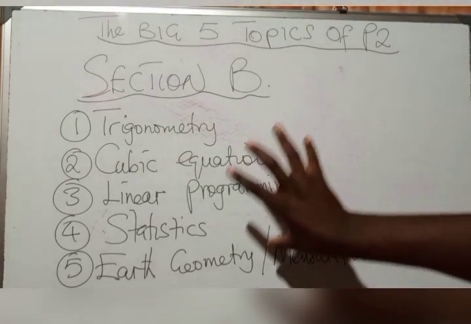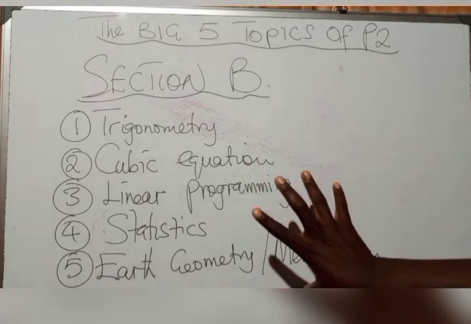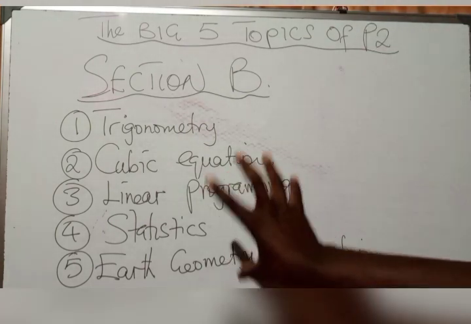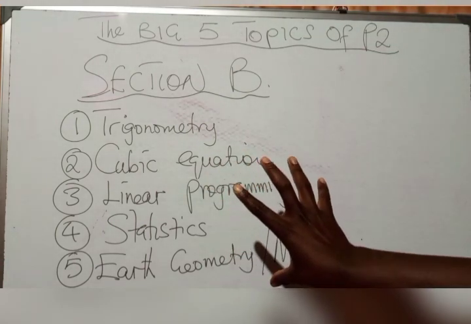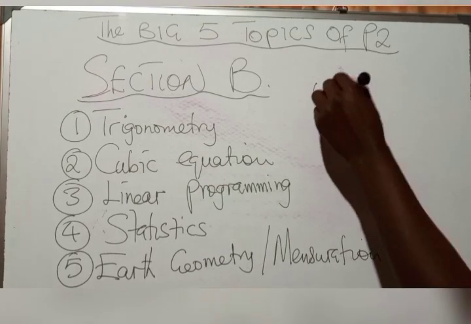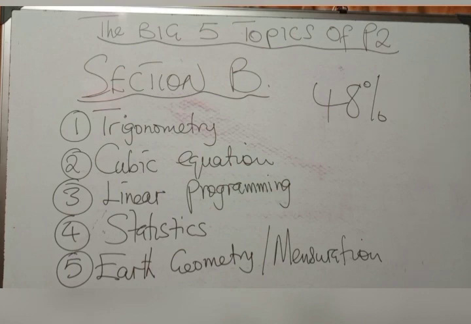Once these topics are known, and it's a must that these questions come each and every year, you are assured of getting 48%, which is under section B of paper 2 mathematics, both GCE and internal exams.